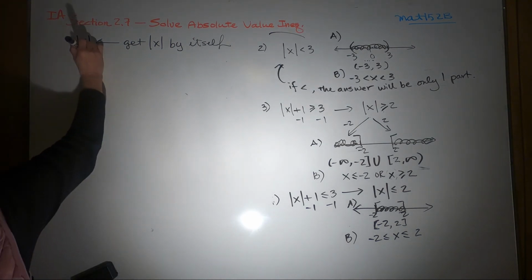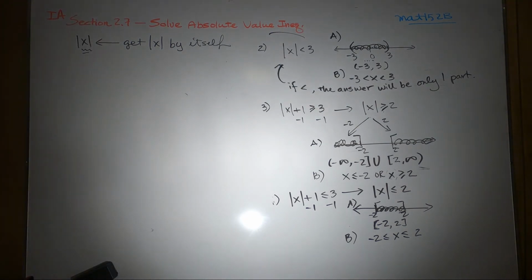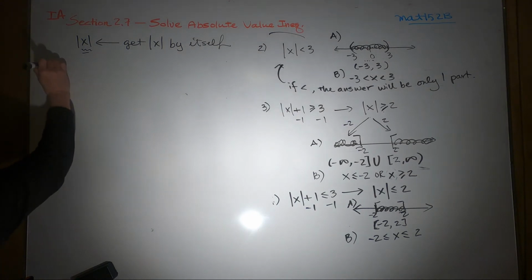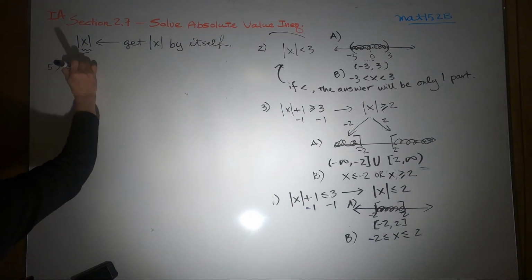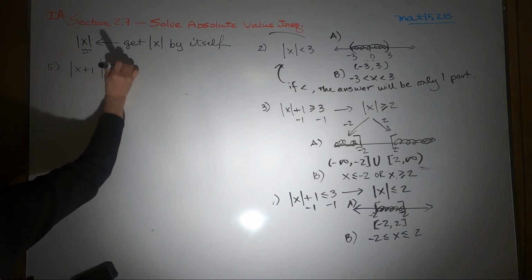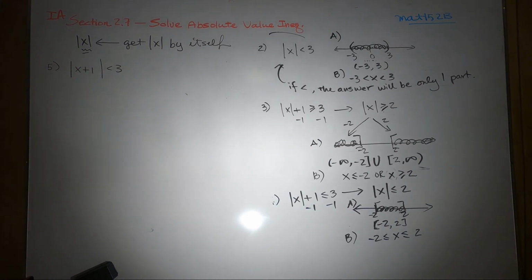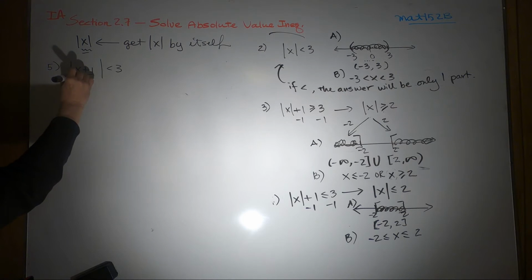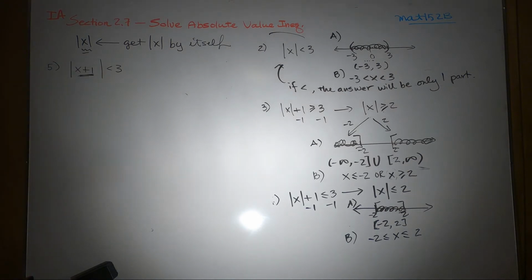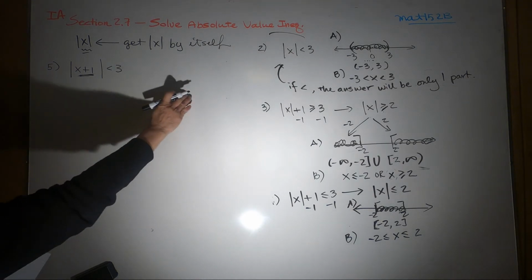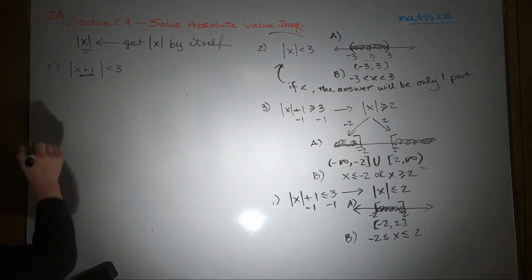However, what happens if the inside is not only X? So if like this, X plus 1 less than 3, instead of just X, but X plus 1 are bound together. You cannot separate them because they are within a group. So you have to handle the group all together, right?